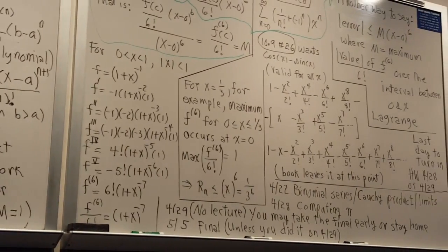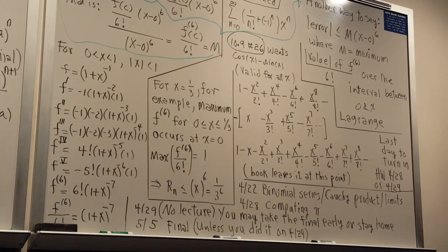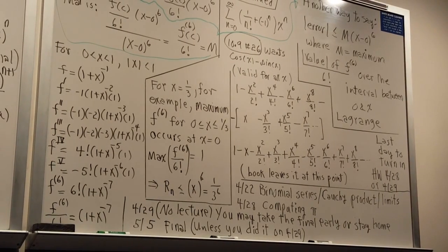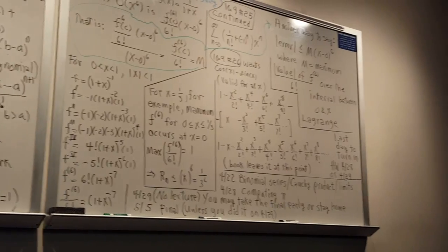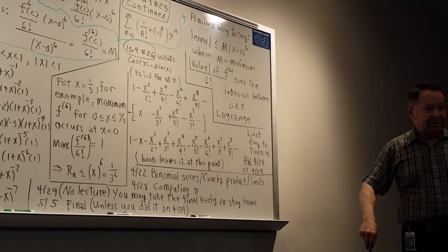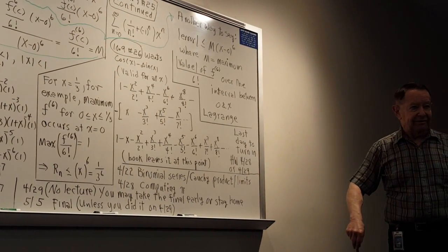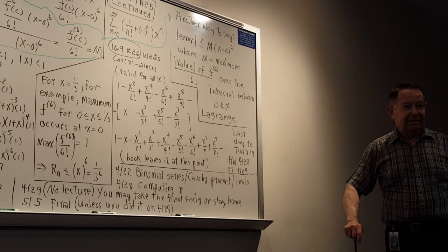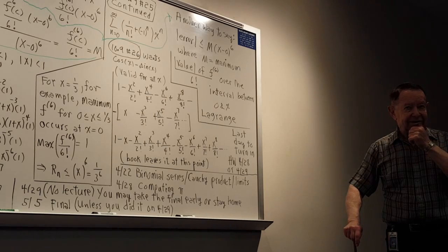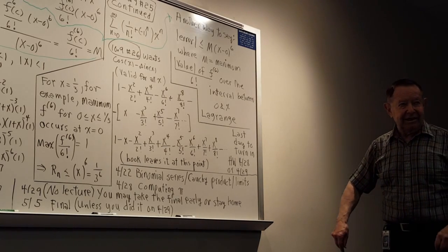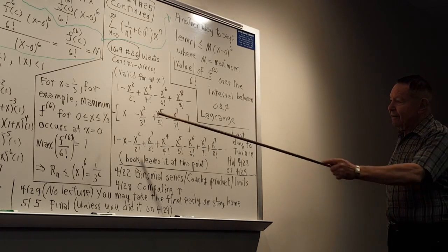If you haven't noticed, there's a page in your book toward the end of chapter 10 that has Maclaurin series for common functions like that, all on one page. It's maybe in section 10.10 or 10.11. It's toward the end of the chapter, you can find it.